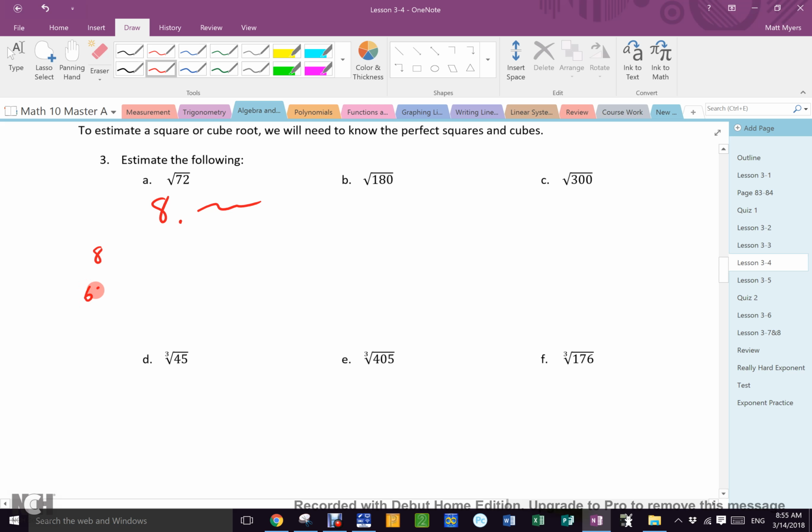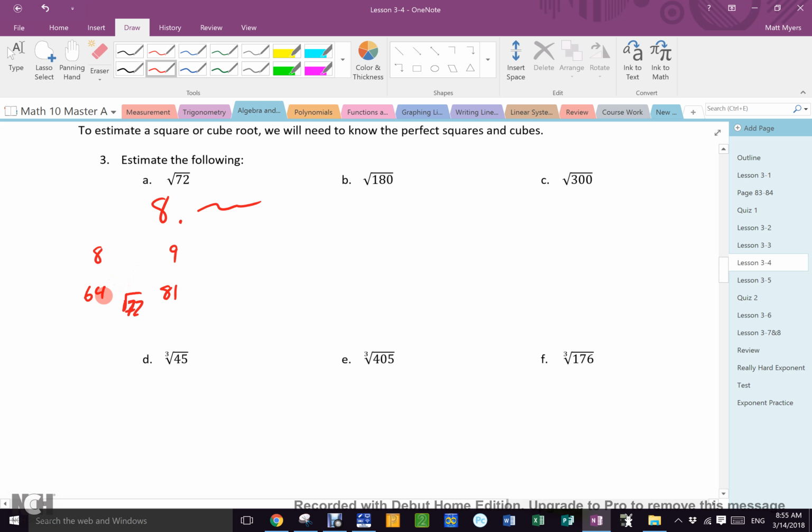8 squared is 64, correct? 9 squared is 81, correct? The root of 72 is 8 steps past 64, isn't it? Right?